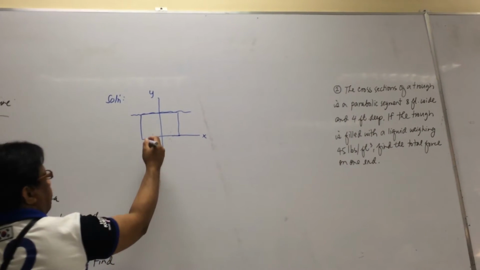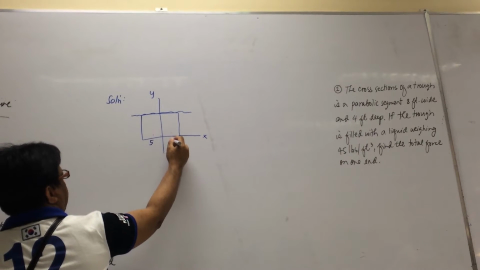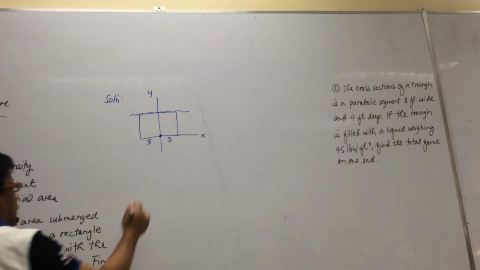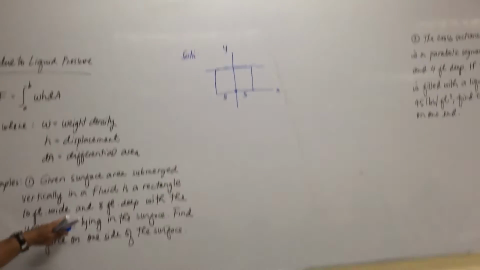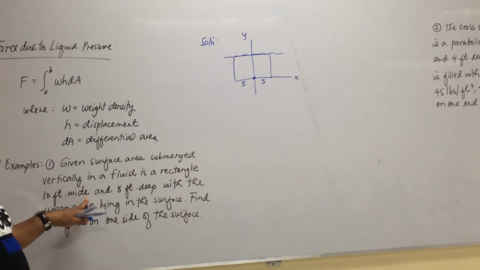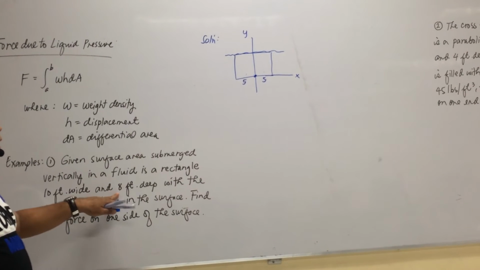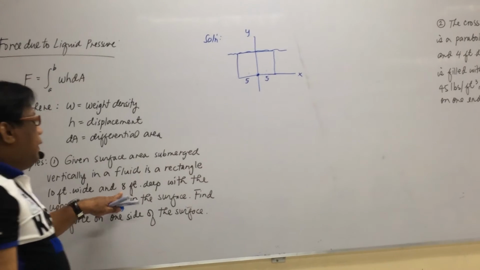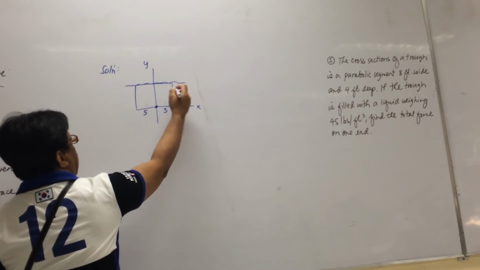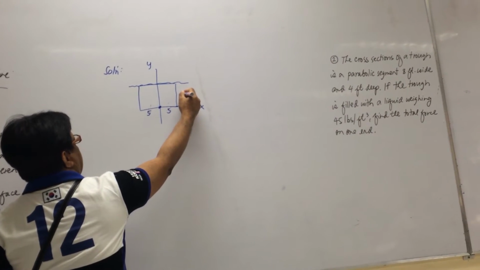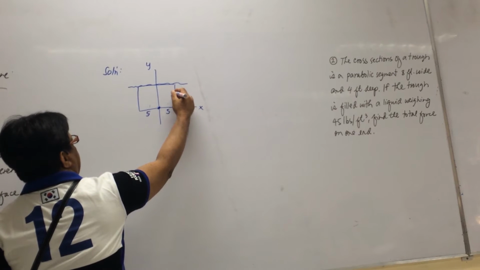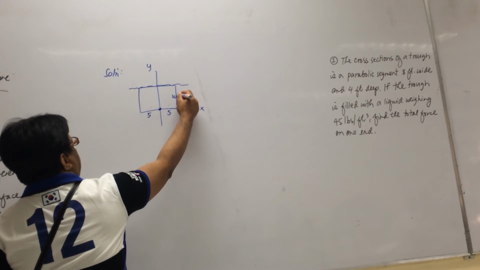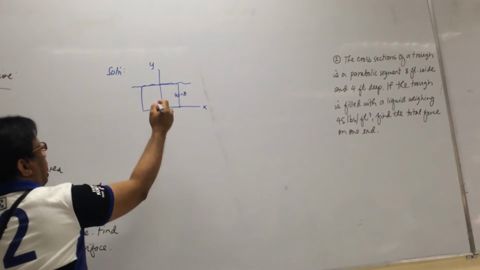So we have this as 5 feet and 5 feet because this is 10 feet. Let us have this as the origin. And then we have the depth of the surface, which is 8 feet deep. So let us have this as the width. The length is 10 feet.